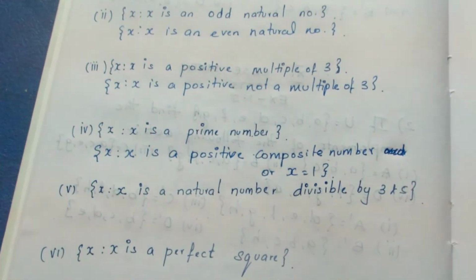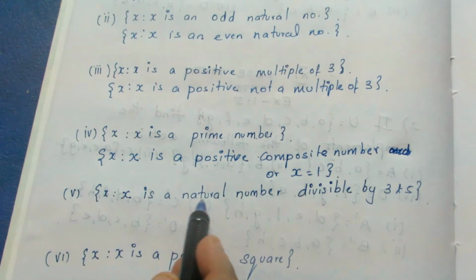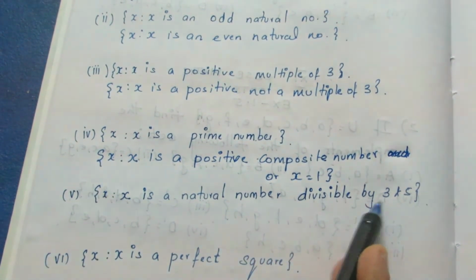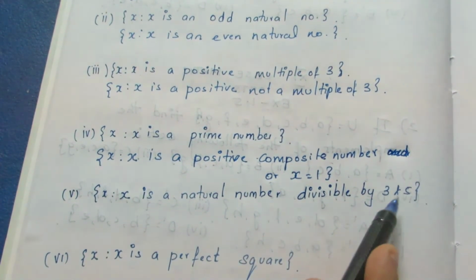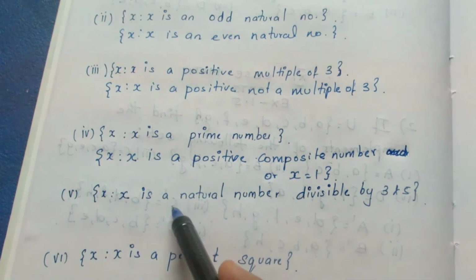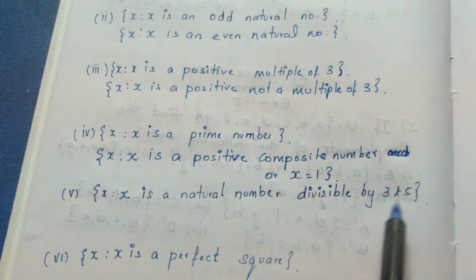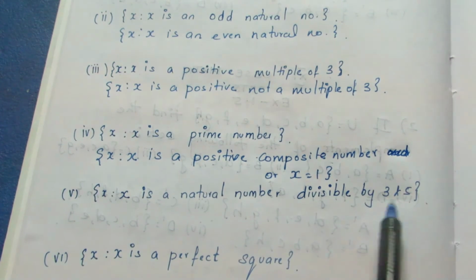We'll move on to the fifth one, x such that x is a natural number divisible by 3 and 5. So we can say that removing this, divisible by 3 and 5, we can write it to be not divisible by 3 and 5.